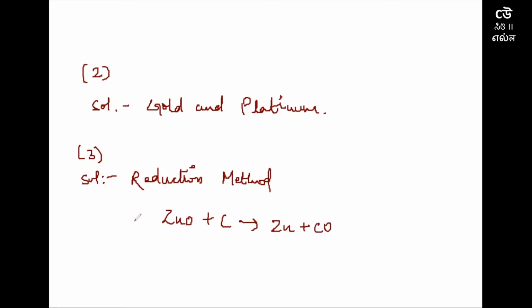On the other hand, if we have lead oxide, PbO, when it reacts with carbon, it forms the metal in its purest form and then carbon monoxide. That is how we can perform the reduction method by reacting these metal oxides with carbon. So this whole reaction is called reduction with carbon.